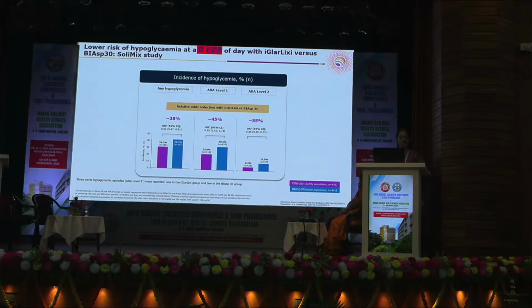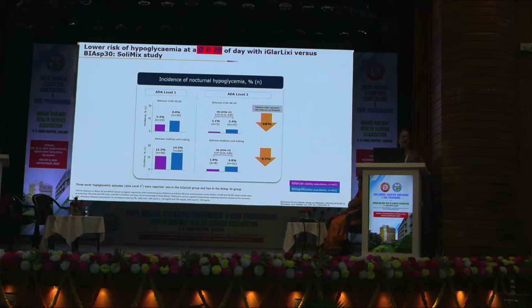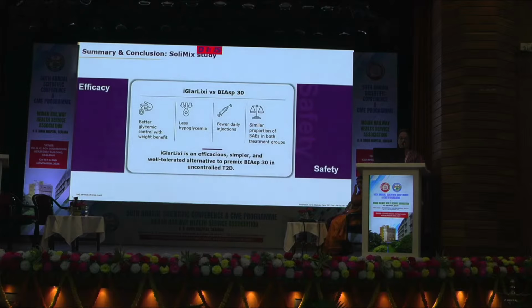Incidence of hypoglycemia was less by 45 to 55%, and nocturnal hypoglycemia was less by around 65%. So obviously, it's a safe, effective and very useful combination, and cost effective when we use the two together.